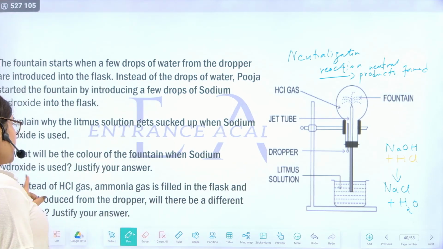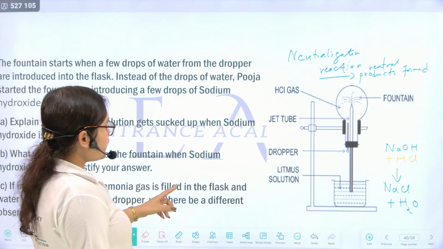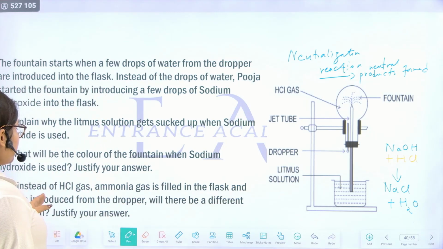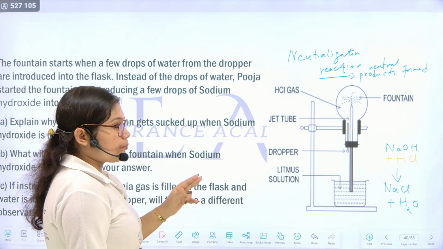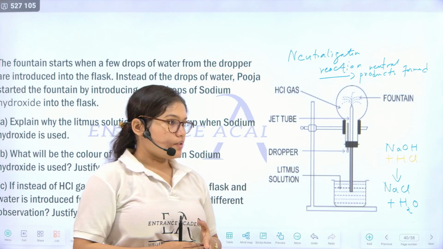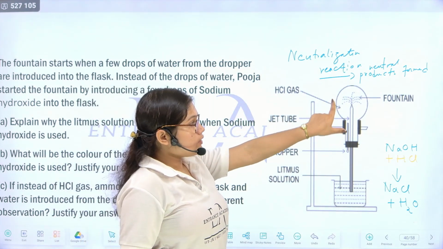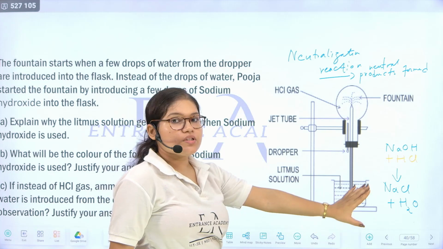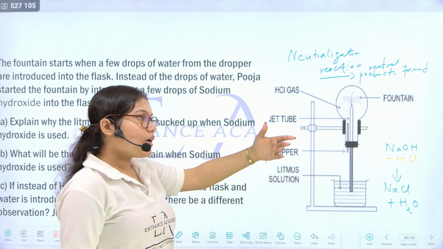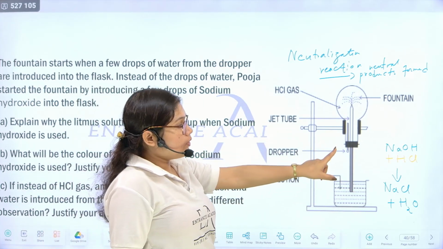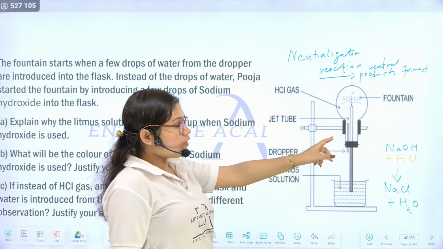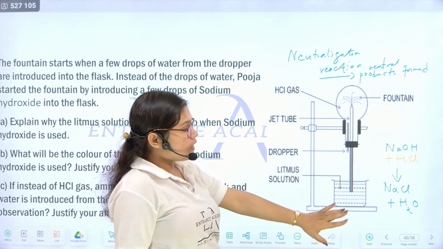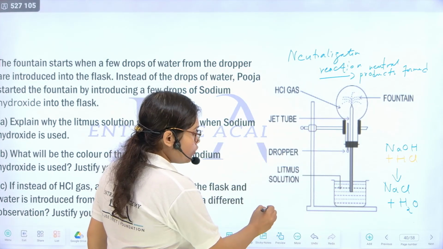Third one is, if instead of HCl gas, ammonia gas is filled in the flask and water is introduced from the dropper. Okay, let me clear two important things. If HCl is there in this jar and blue litmus solution is present, and we introduce water in the dropper, then the color changes from blue to red.